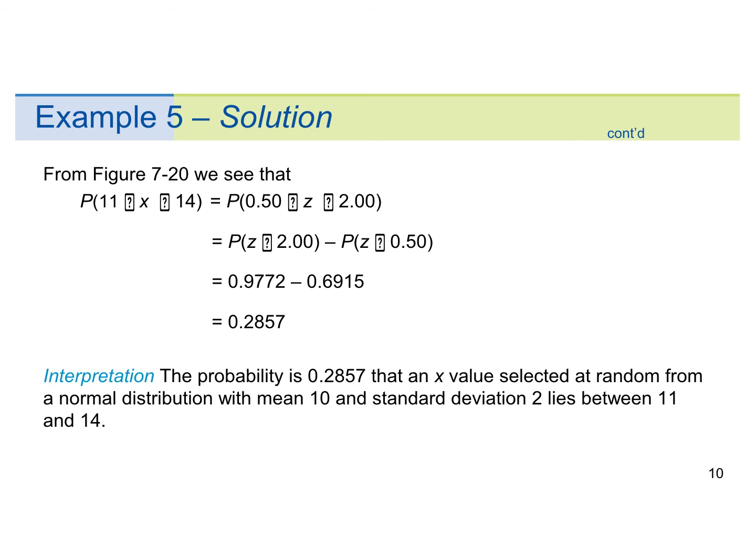We look up the 2.0 on our chart, and it yields a 0.9772. We look up the 0.5 on our chart, it yields a 0.6915, and we must subtract them. Final answer, 0.2857. Remember, in between is largest percentage minus the smallest percentage.